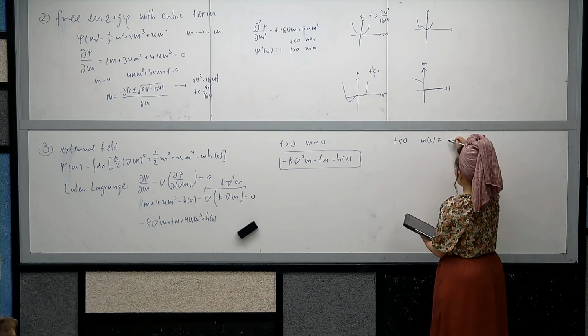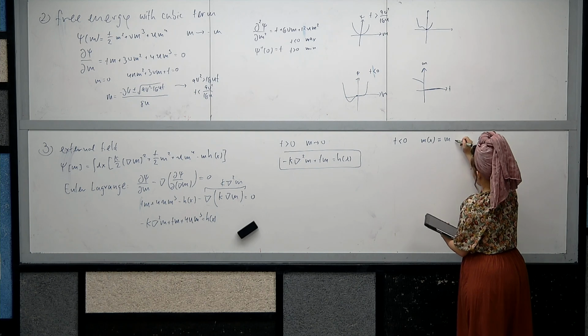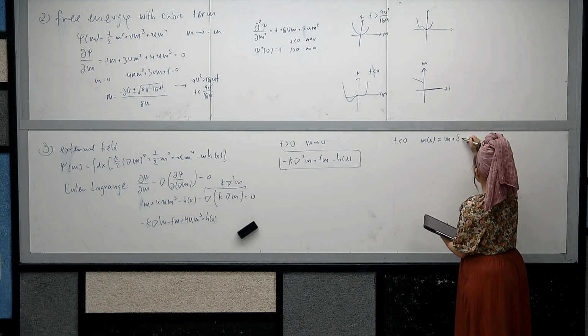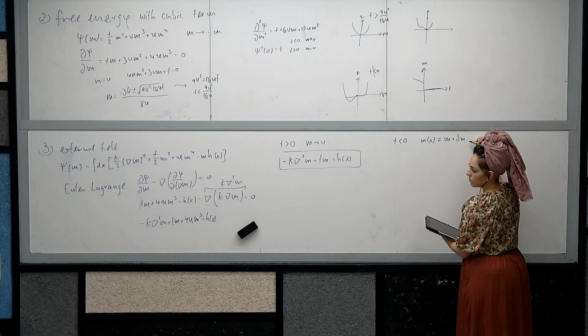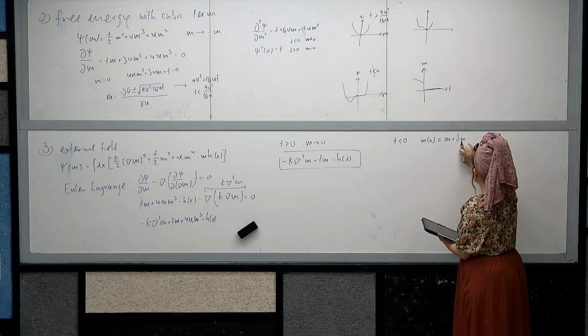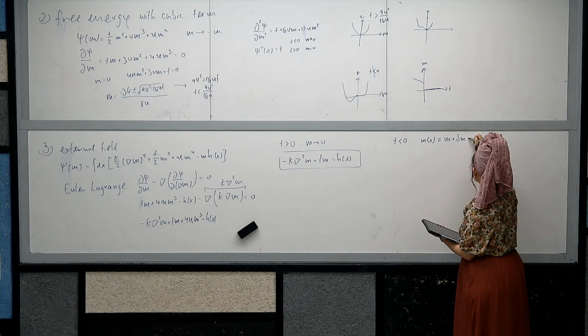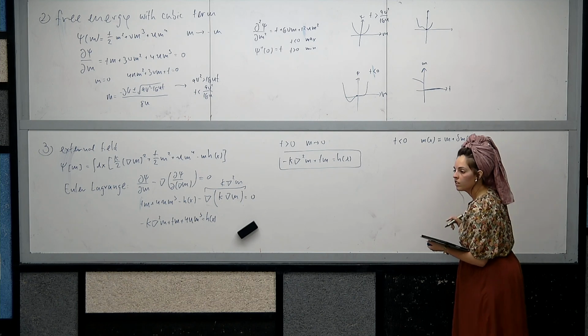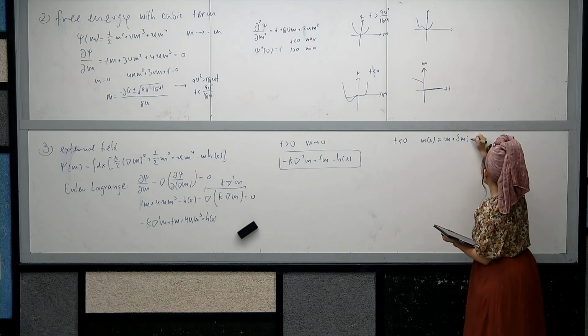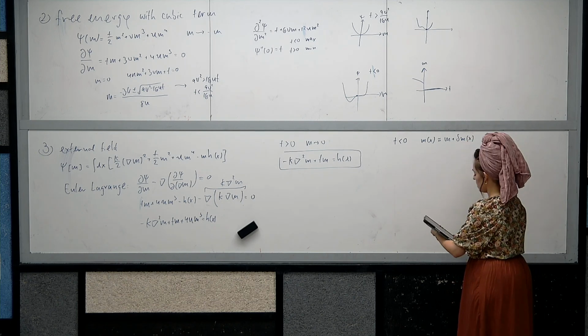But instead we can do something like the mean field approximation. You can say m(x) is m plus something small, a perturbation, which depends on x.